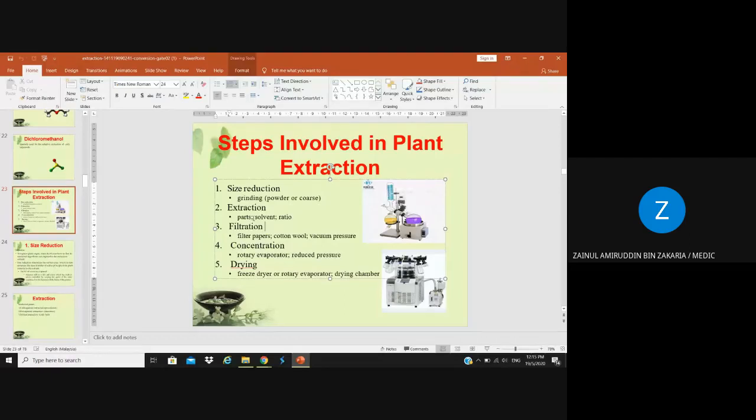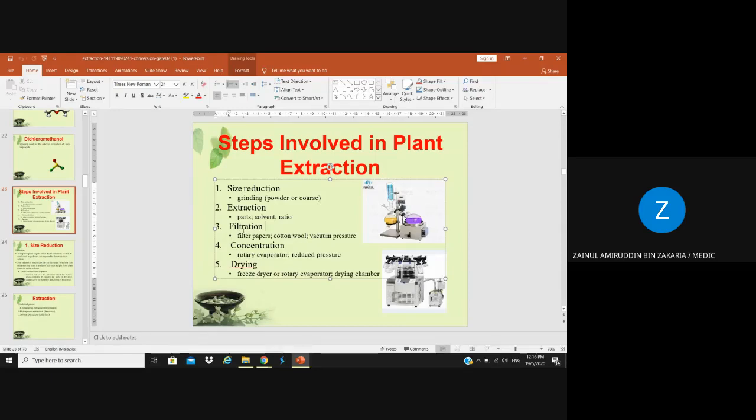So after you get your extract, you have to filter it using filter paper. You can also use cotton wool first, and you can also use vacuum pressure. Normally, for me, I ask my students to first use a funnel. You put cotton wool, then you pour your extract, and whatever passes through the cotton wool will have small residues of the plant.